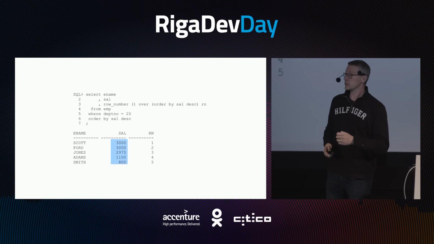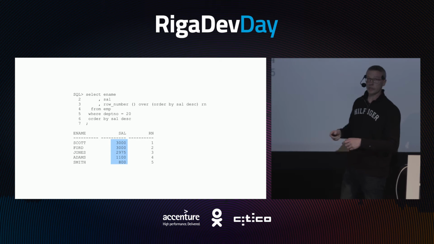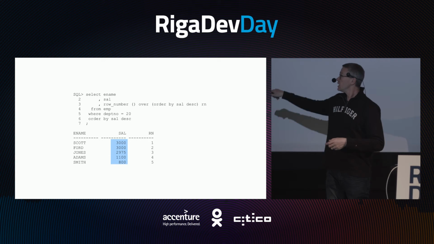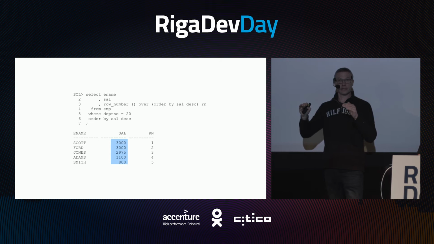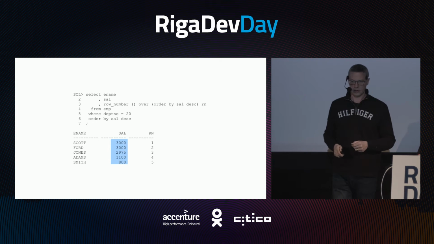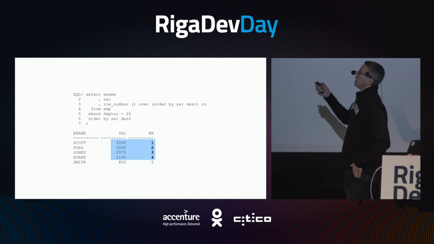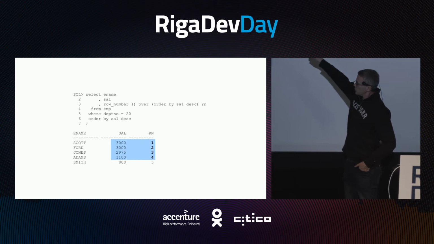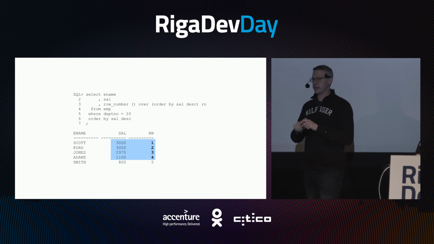That would just basically say, you're number one, Scott is 1, Ford is 2, and so on, even though they have a split first place, right? The row number just says you're 1, you're 2, you're 3, you're 4, and so on. So it's comparable to rownum in that aspect.